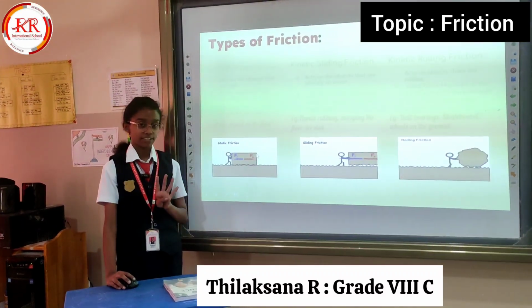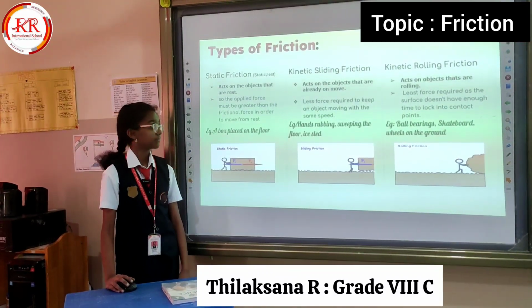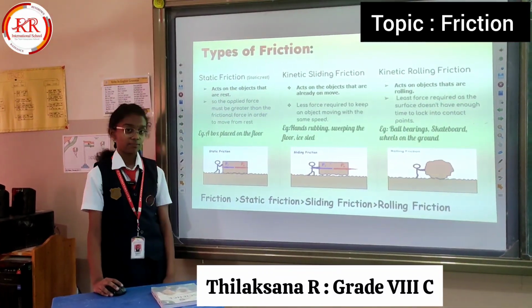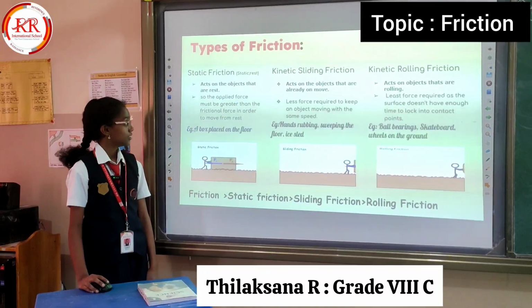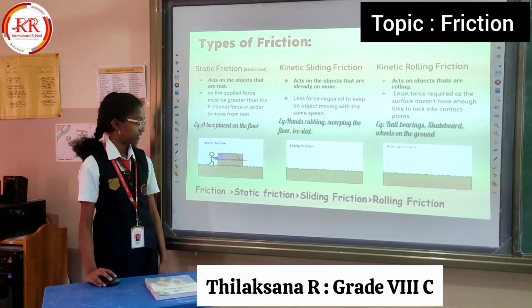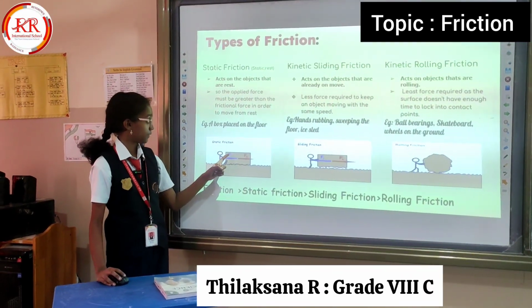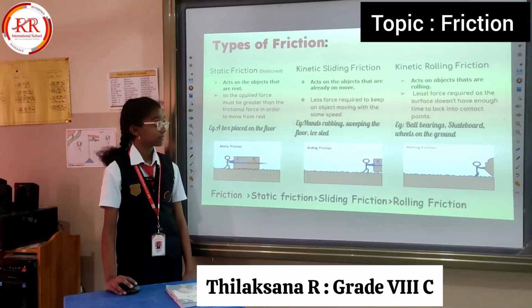There are four types of friction: static, sliding, rolling, and fluid friction. Static friction acts on the objects that are at rest. So, the applied force, for example, the box placed on the floor. To move the box, the applied force must be greater than the frictional force in order to move it.